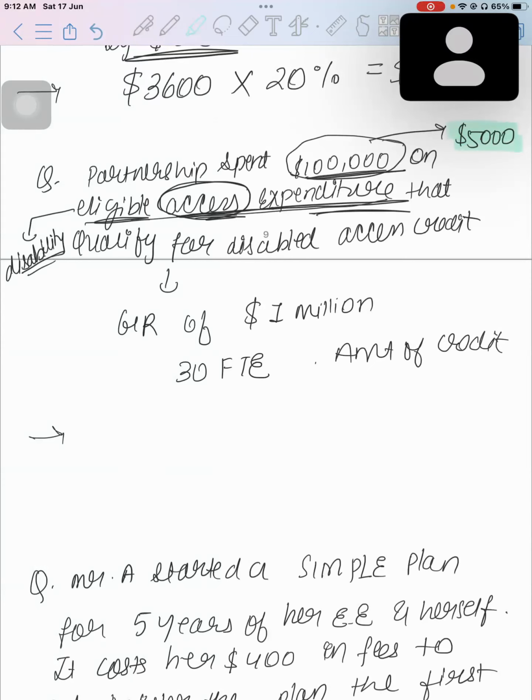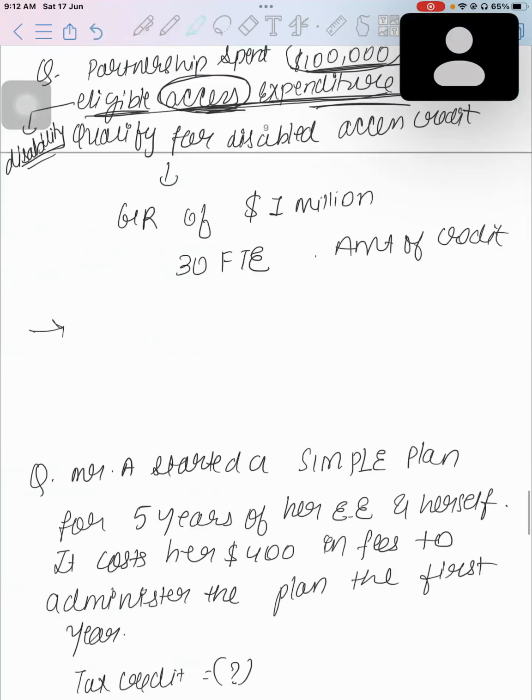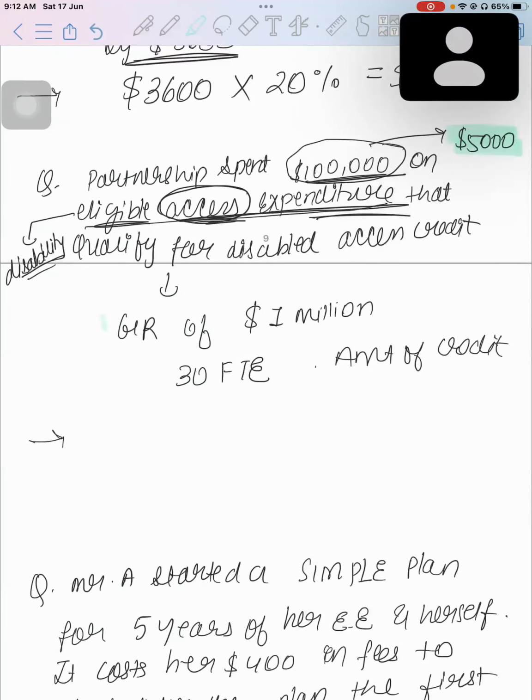Okay, and then it doesn't matter what their gross receipt is or how many full-time employees they have. You will get confused if the exam question provides these two details.